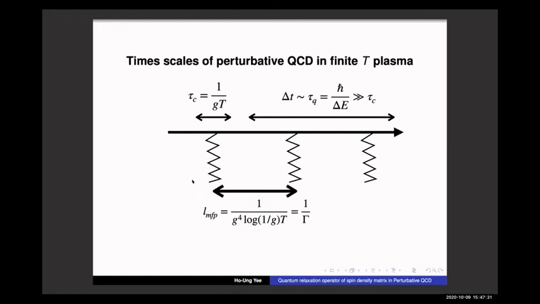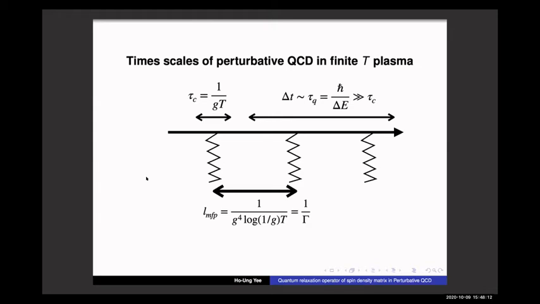Maybe this picture will be more helpful. Each collision has a characteristic time scale of 1/gT, and as we will show, the overall scattering rate, which can be thought of as the inverse of the distance between two consecutive collisions, is given by g⁴T. Therefore, the distance between each scattering event is much larger than the duration of each scattering, which is given by 1/gT.